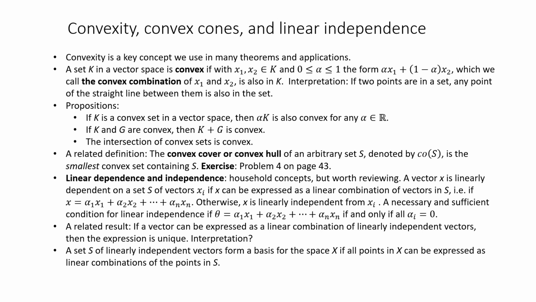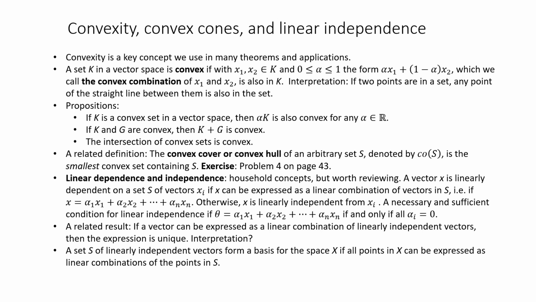We have some basic results. If we have a convex set K, then alpha K for any real scalar is also convex. The sum of 2 convex sets is also convex, and the intersection of convex sets is also convex. The related definition is the convex cover or convex hull of any arbitrary set.